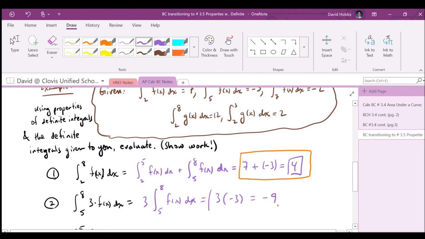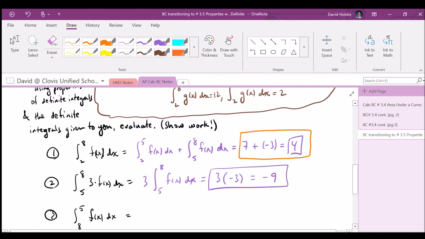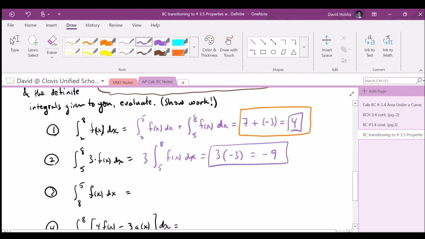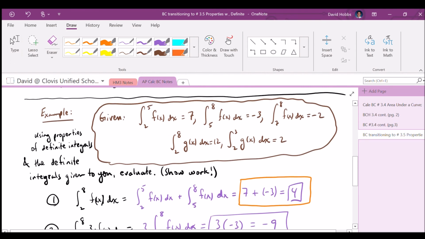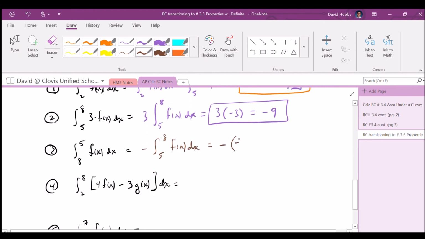Again, at least this last little bit right here. 8 to 5 of f of x dx, and you're going, oh, come on, Mr. Hobbs. This is the same thing as the negative of 5 to 8 of f of x dx, and so that's the opposite of whatever 5 to 8 is, which is -3, and so this is +3. Okay, so at least that bit right there.